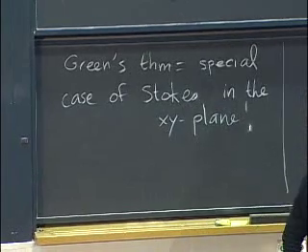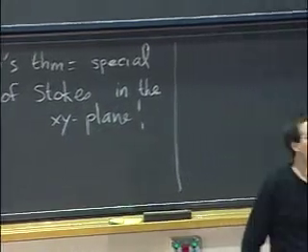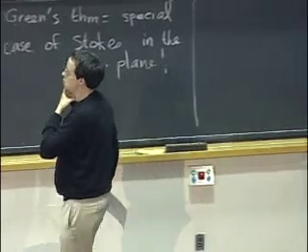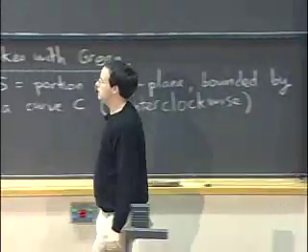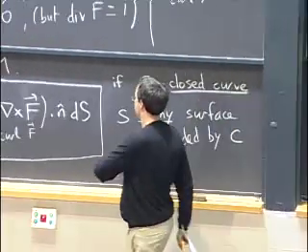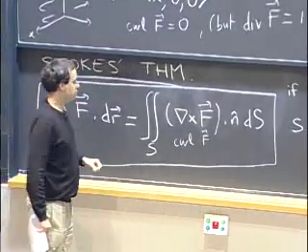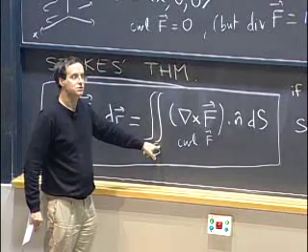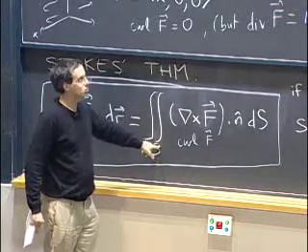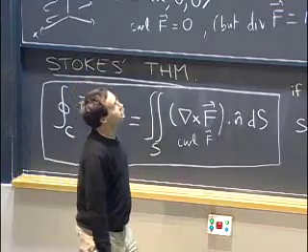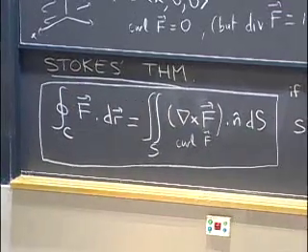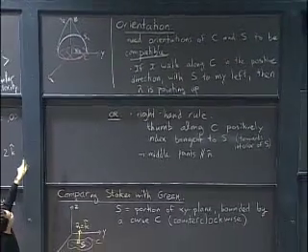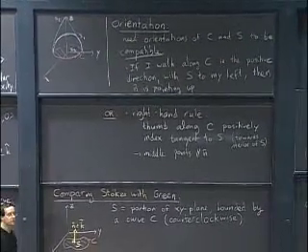Yes? Does Stokes still work if the vector field is not defined everywhere? That's a very good question too. No, Stokes' theorem only works if you can make sense of this. That means you need your vector field to be continuous and differentiable everywhere on the surface S. Now, why is that relevant? Say that your vector field was not defined at the origin, and you wanted to do the example I had first with the unit circle in the xy plane.